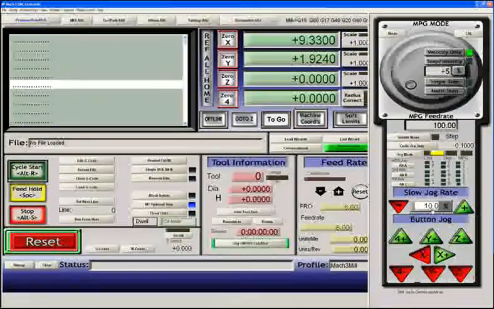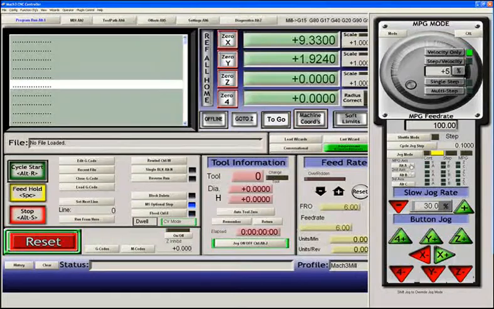There are 2 forms of jog in Mach 3, and it's not atypical to set it to a value such as 30%. Now you'll notice these lights up here beside jog mode. There is continuous, there is step, and there is MPG mode. It should be in continuous mode for most people. Now there are 2 types of continuous mode.